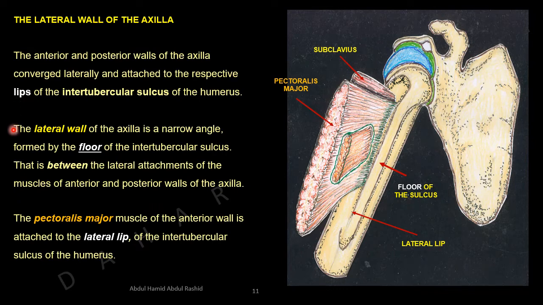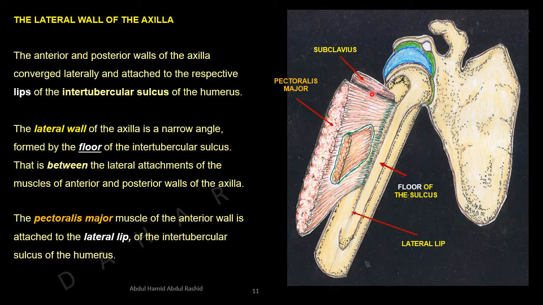The lateral wall of the axilla is therefore a narrow angle formed by the floor of the intertubercular sulcus. This is the floor of the intertubercular sulcus, that is between the lateral attachments of the muscles of the anterior and posterior walls of the axilla.